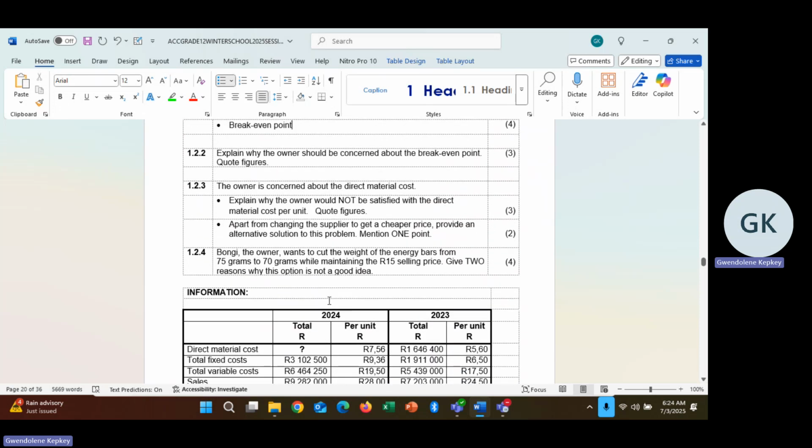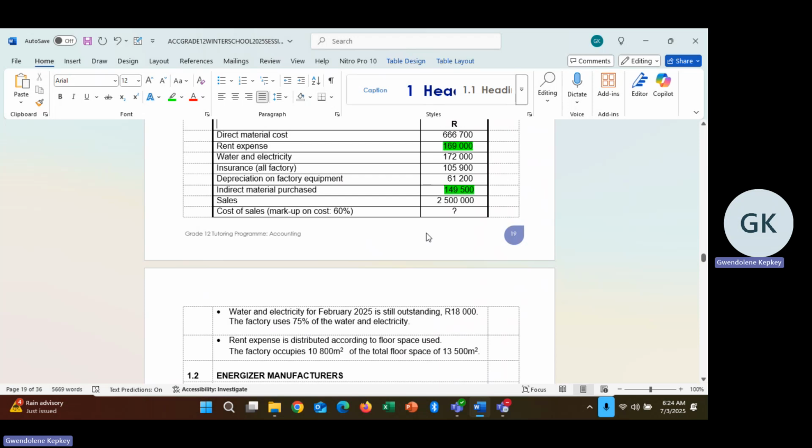So the total spent for the year is 172. But you cannot ignore what they are telling us over here. Still outstanding, the water and electricity is still 18,000.